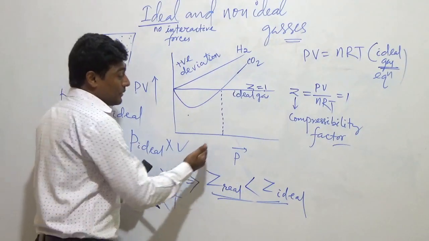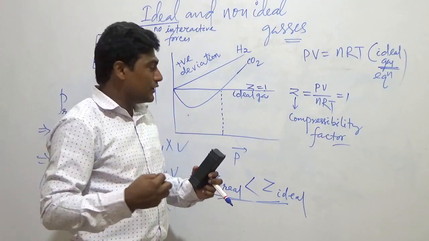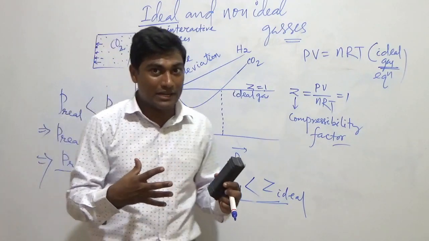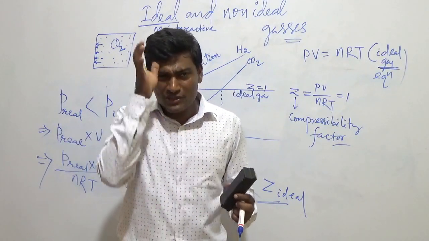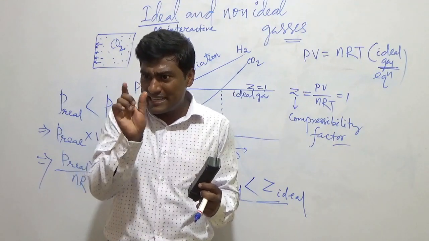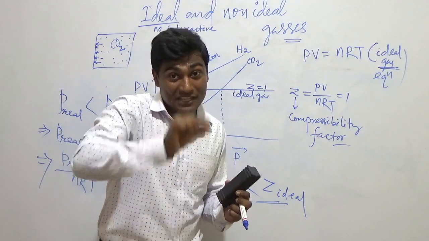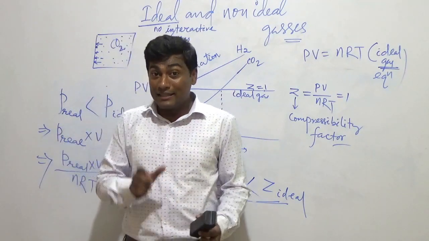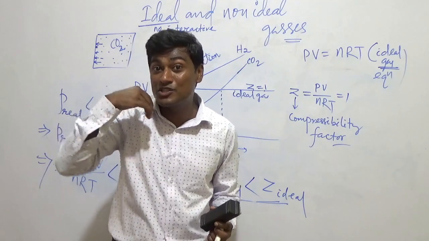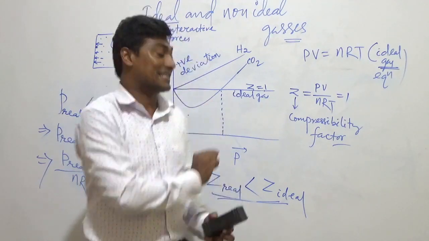Now after this pressure, when you are increasing the pressure, that means you are decreasing the volume, so molecules get closer. There is a distance limit within which there should be attractive force or repulsive force. In case of carbon dioxide, the repulsive force becomes dominant when the molecules come closer to a minimum distance.